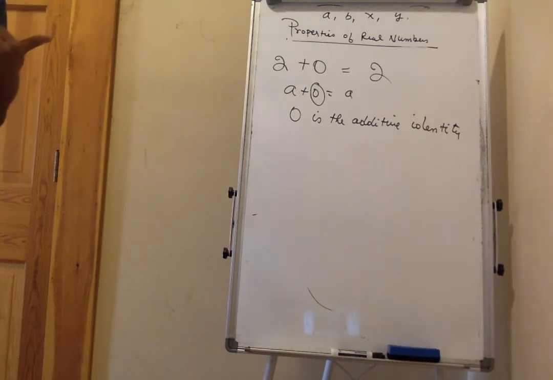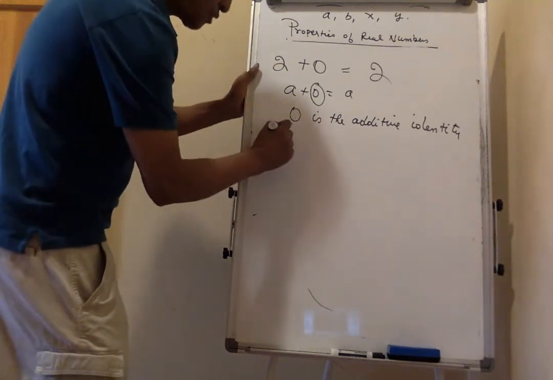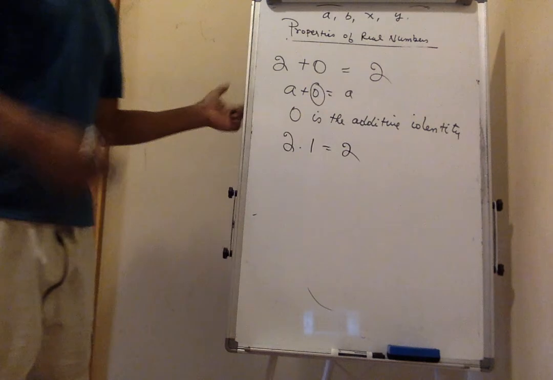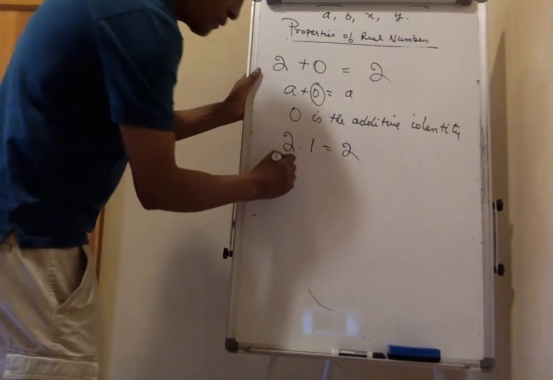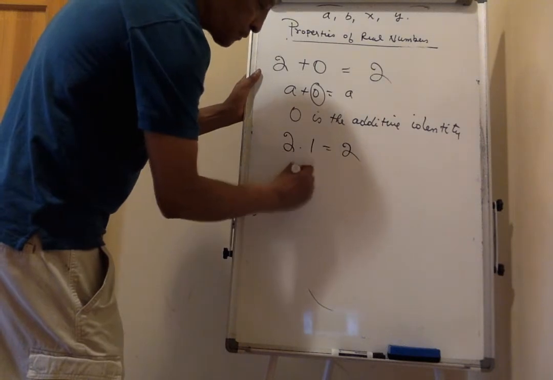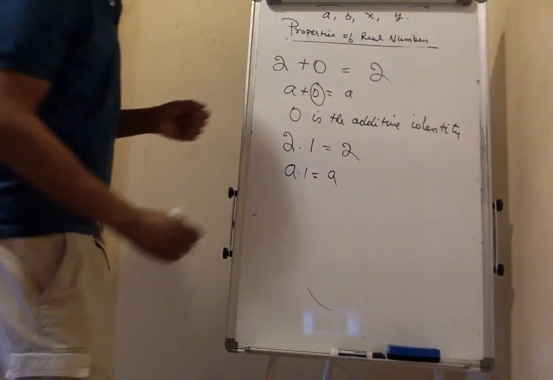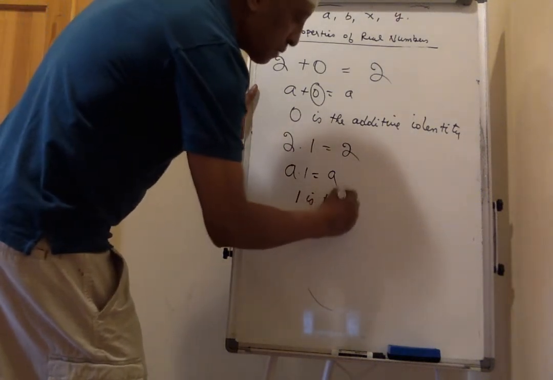And if you look at multiplication, multiplication also has a number, which is 1. So meaning what? If we multiply 2 by 1, you get 2. 3 by 1, you get 3. It gives you the same outcome. So a times 1 is equal to a. Therefore, 1 is the multiplicative identity.